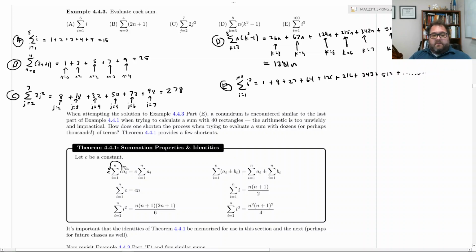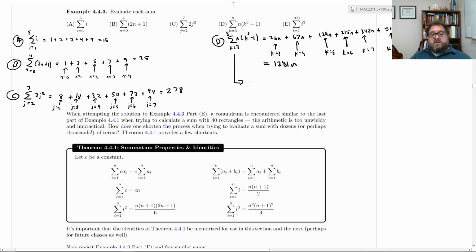Okay, so that gives us another way to solve D. Here, I'll erase E since that's not going to be the way we solve that. Another way to solve D would be to say, hey, n is treated like a constant because it's not indexed.